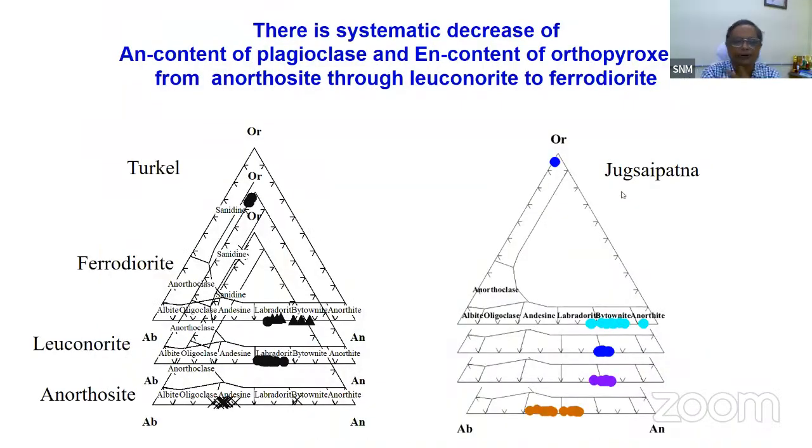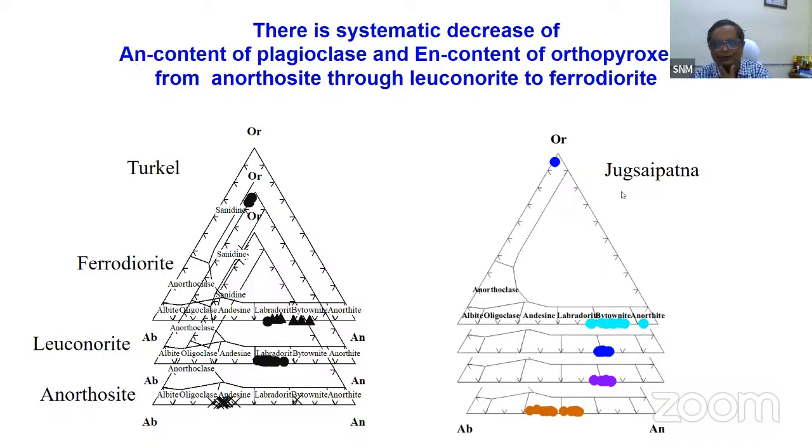This is just a small sketch of the thing that I would like to emphasize, that the An content, that means the anorthitic content, of the plagioclases in different rocks like anorthosite, leuconorite and ferrodiorite changes. Actually, there is a mistake here.